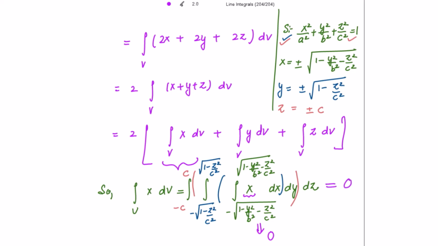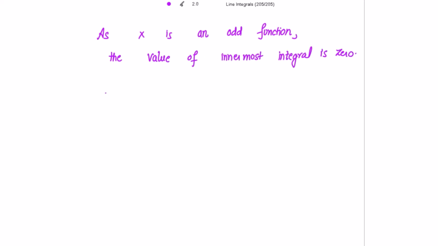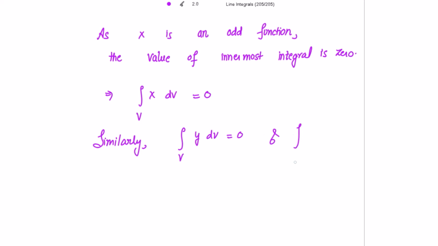So by symmetry, similarly, this integral is also 0 and this integral is also 0. So as x is an odd function, the value of innermost integral is 0. This implies the complete volume integral of x is 0. Similarly, the volume integral of y is also 0 and the volume integral of z is also 0.